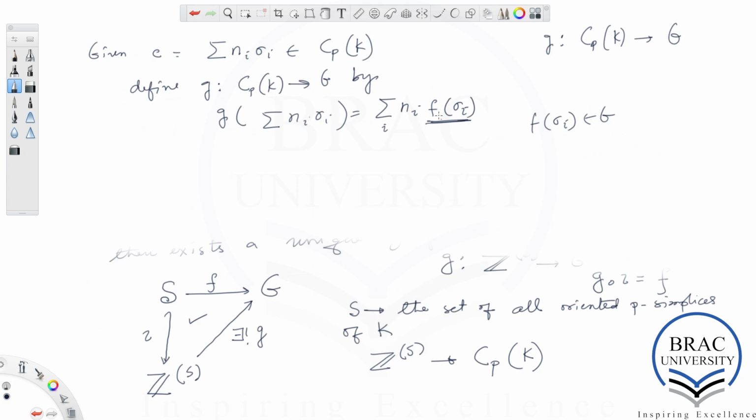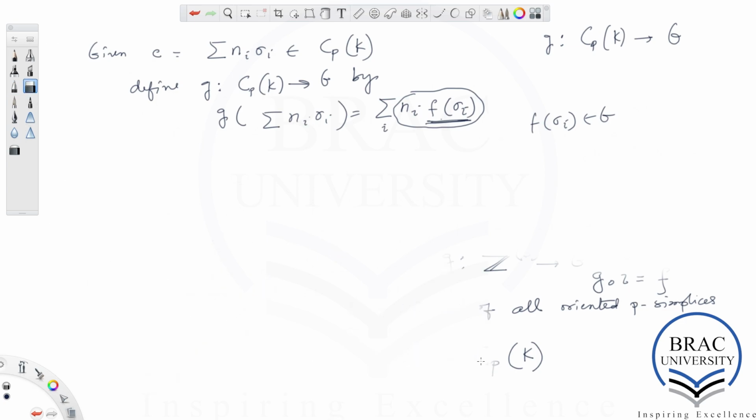And if n_i is negative, we take the inverse of that group element, which is minus g, and add minus g to itself |n_i| many times. This way we can interpret these terms as being in the abelian group G.